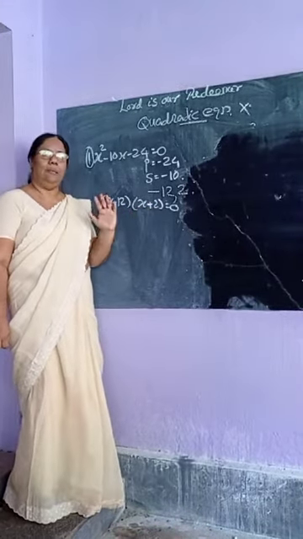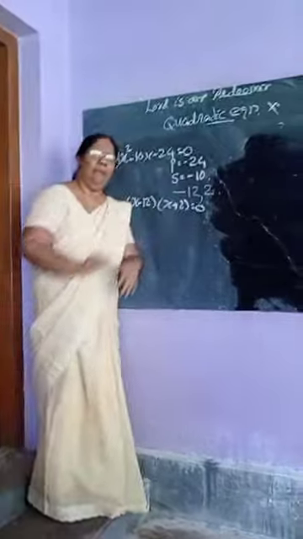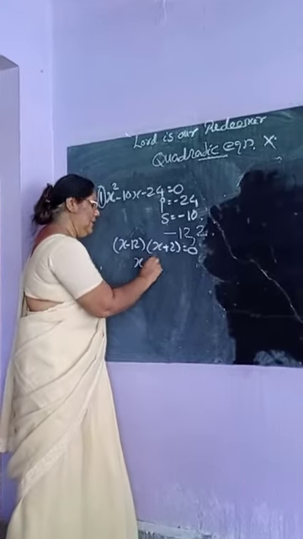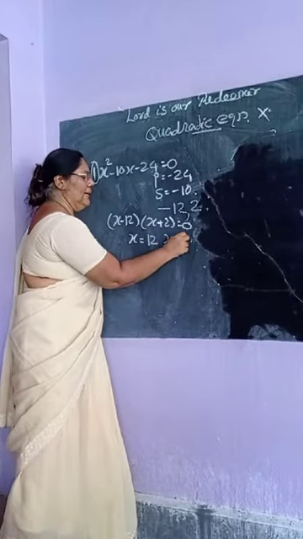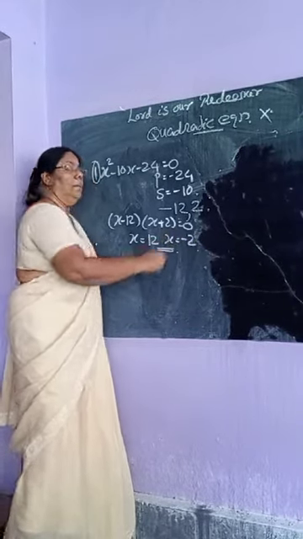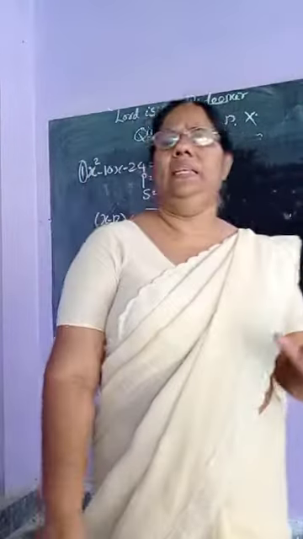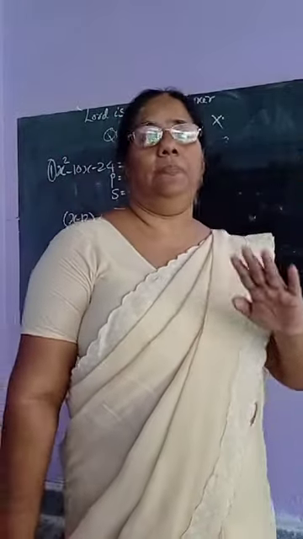First you select the numbers, no need of splitting the middle term. Okay, then what is the first answer? x equal to 12 and the second answer x equal to minus 2.